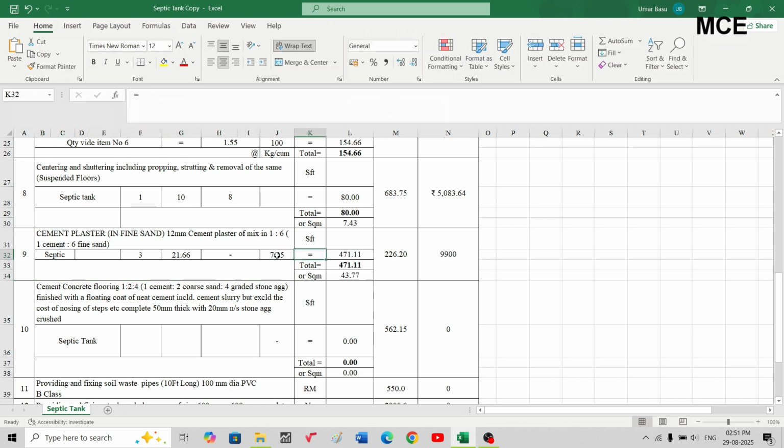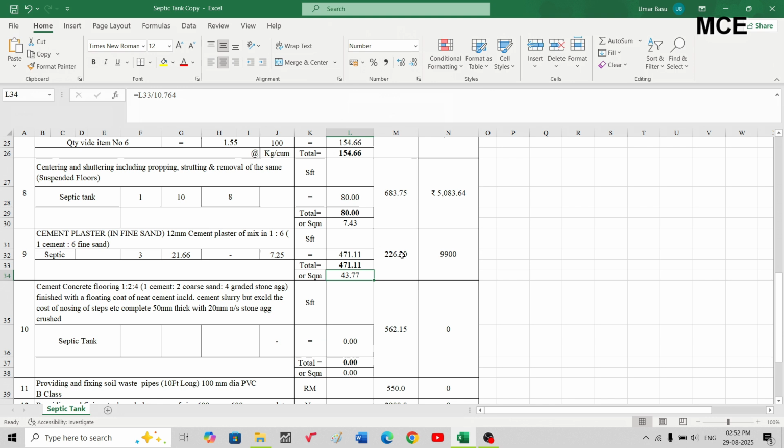Okay, so the total SFT for plastering is 471.11 SFT. To convert it into square meters, divide 471.11 by 10.764, which is equal to 43.77 square meters.